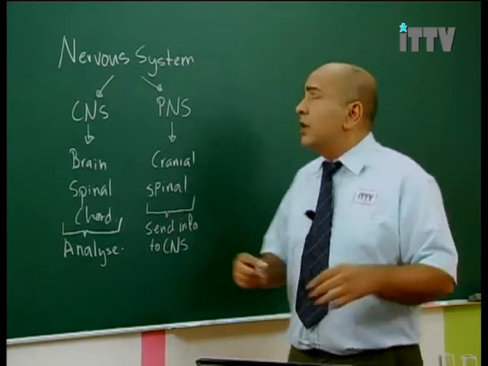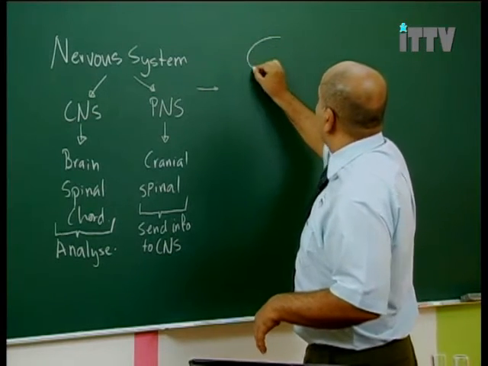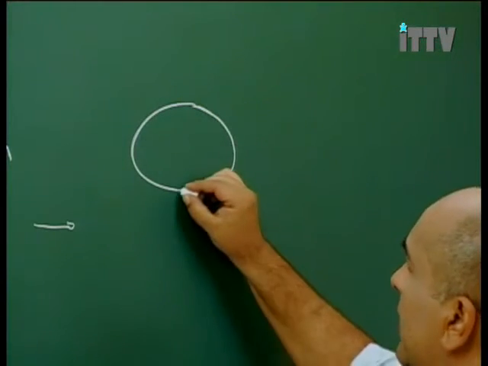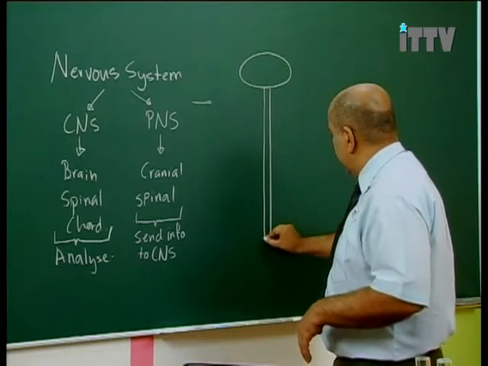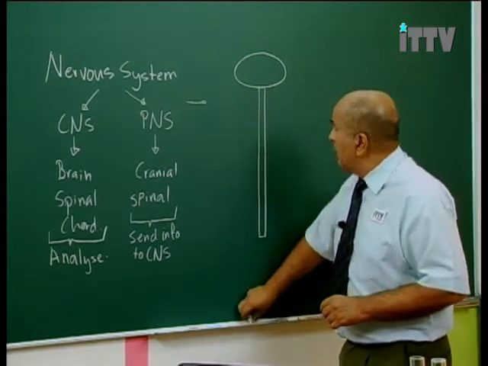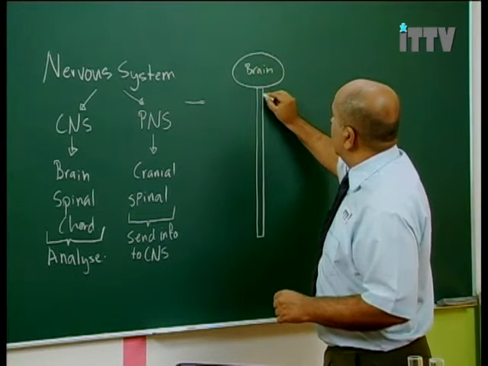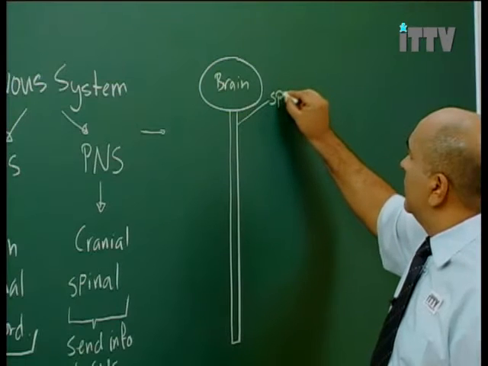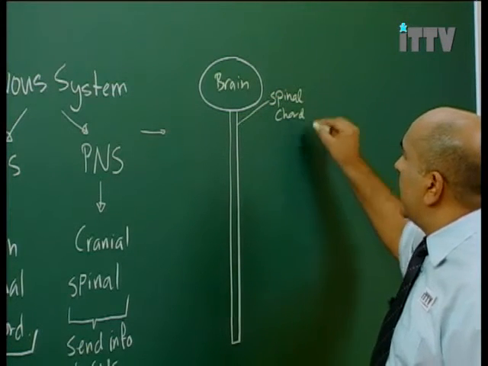So what does it really look like? Well, if we draw a diagram of it, we start with the brain and your spinal cord. So this is the brain and this is your spinal cord.